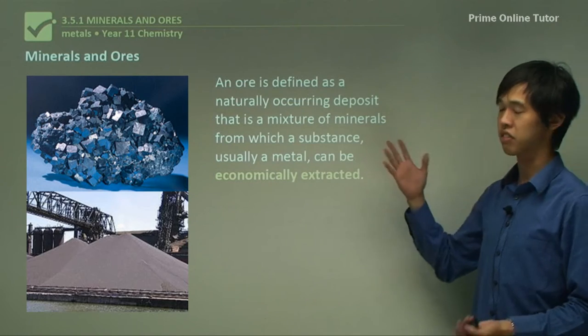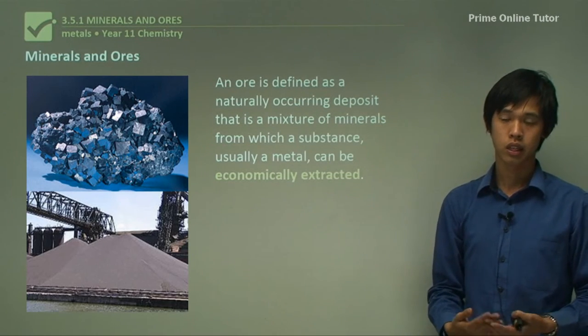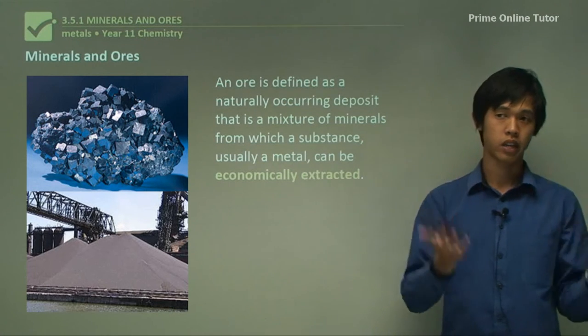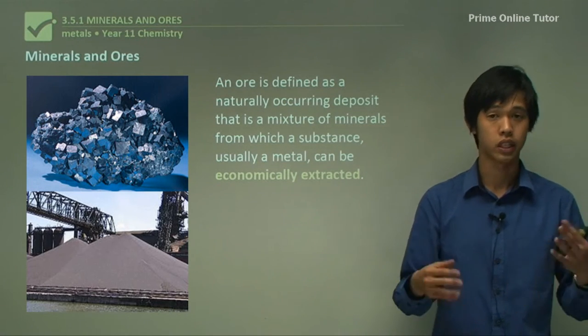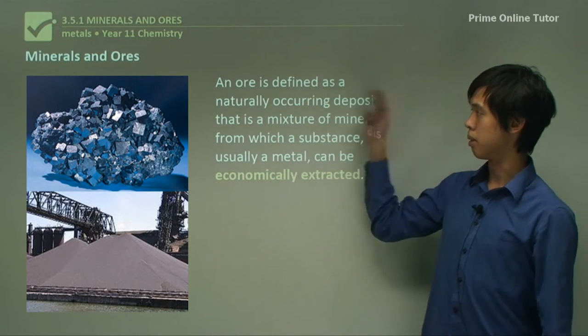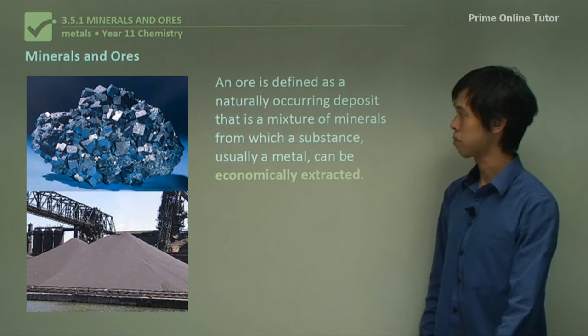Using the word ore is more of an economic point of view, whereas a mineral is more of a broad category for nearly every metal compound in the soil. So ore is for money, and mineral is more like a chemistry word.